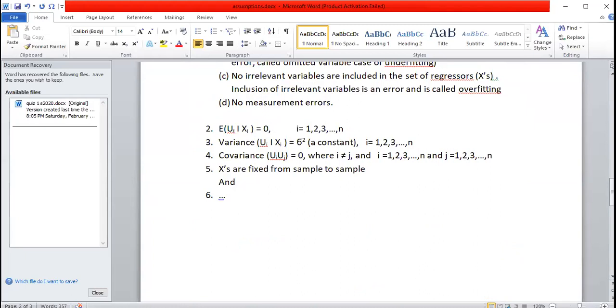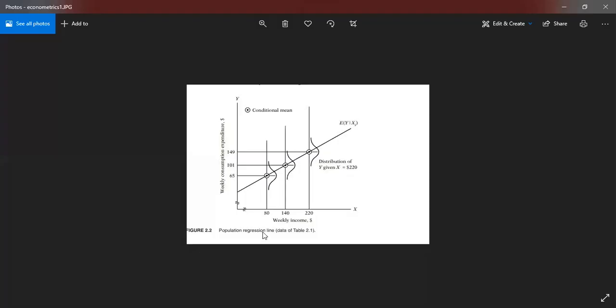What they're saying is u is nothing but y minus mean of y. When x equals 80, y has, let's say, 5 values, then you also have 5 u values, and if the 5 values of y have probabilities assigned, then the 5 u values have the same probability assigned.